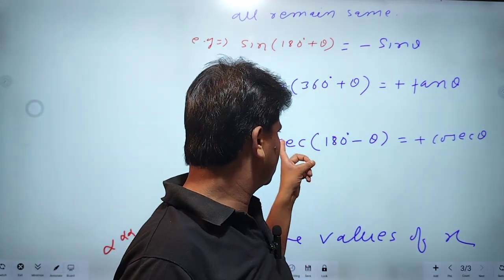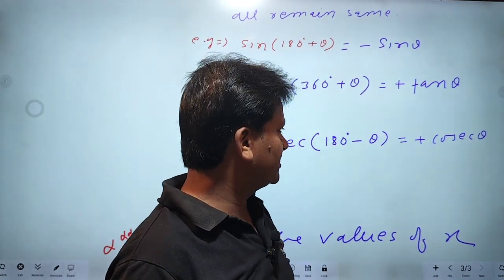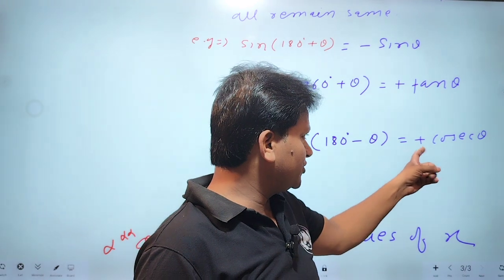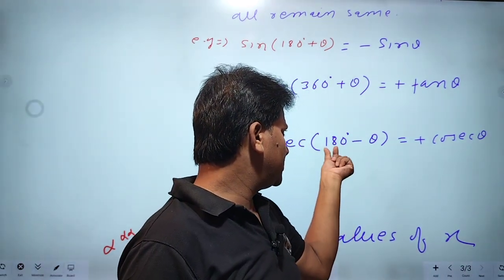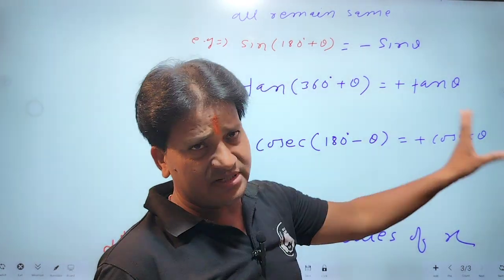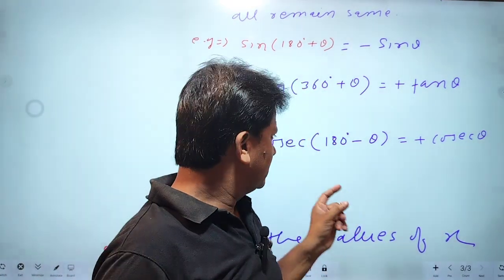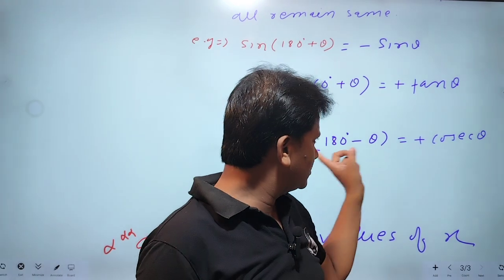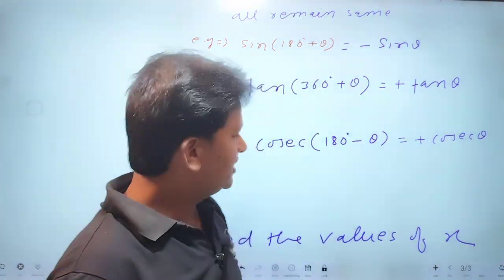Therefore, cosec 180 degree minus theta, it will be positive. Now, I am going to remove 0. Then it will be even number. Therefore, cosec will remain in cosec. Therefore, cosec 180 degree minus theta, it will be cosec theta. Okay?